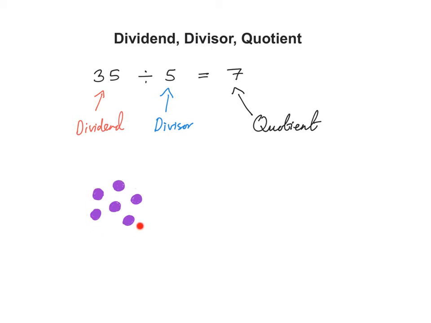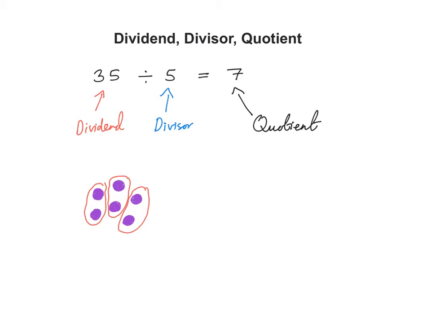Suppose we have a pack of 6 purple balls, and I ask you to equally divide it into 3 equal groups. If you were to divide this pack into 3 equal groups, then clearly you would divide it like this, 3 equal groups.